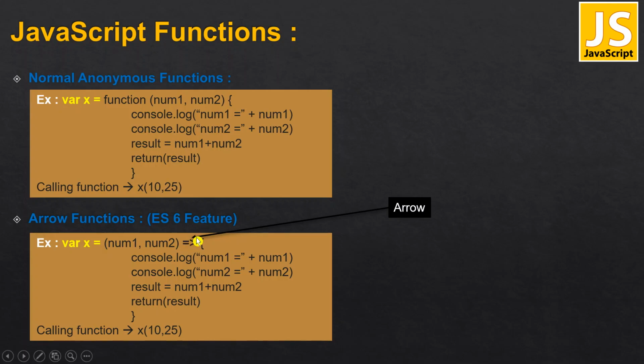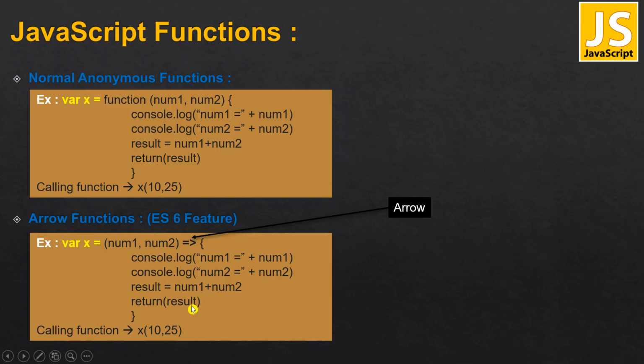This is called the fat arrow, or arrow. Due to this symbol, this function is called an arrow function. So this is the argument list and this is the arrow, and it will direct to the code block to execute. So this code block will be executed, right?